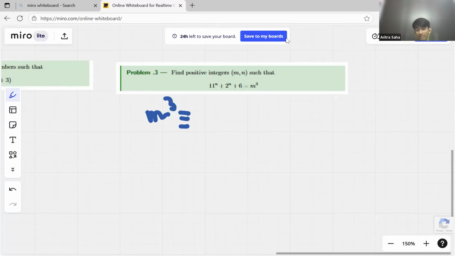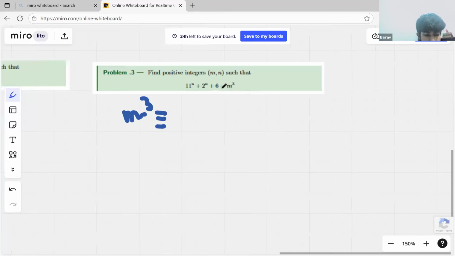Think of what, in cubes, what does it give? Yes, Bhairav. Maybe we should do mod 7 because then 11 and 2 become quadratic residues. Exactly. I won't use the term quadratic residue, but mod 7 is a great idea.